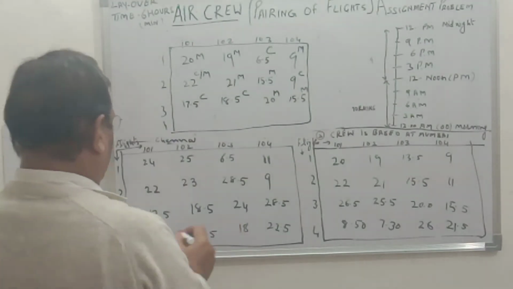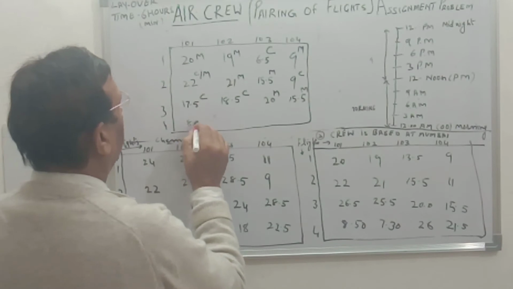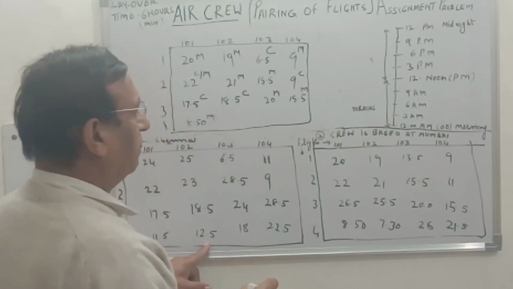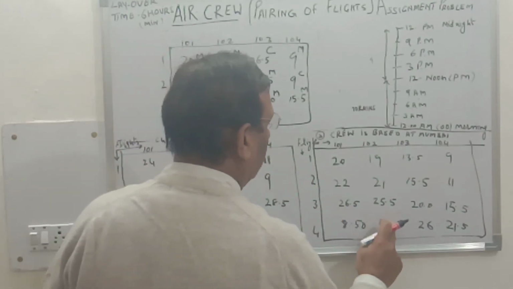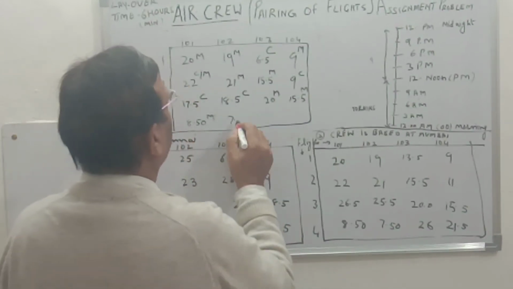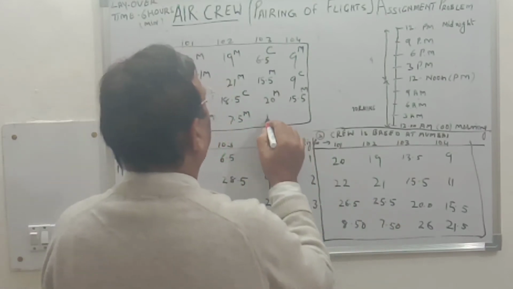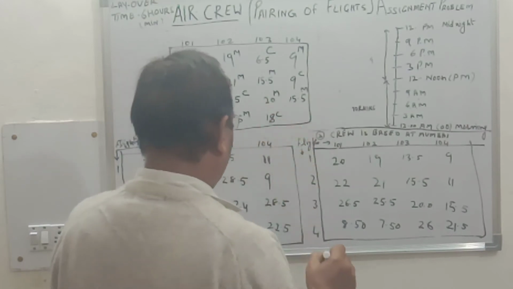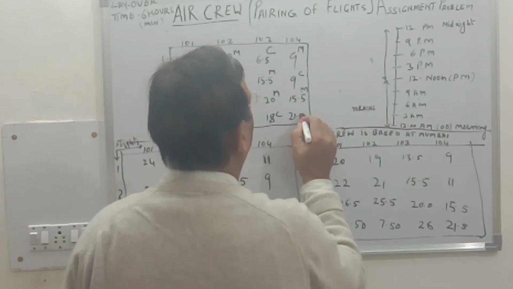Lastly, 11.5, 8.5, so 8.5 is minimum in Mumbai. 12.5, 7.5. It's not 3, it's a 5. 0.5 means half an hour. So 7.5 in Mumbai. Then 18, 18 in Chennai. And 22.5, 21.5, so 21.5 is minimum in Mumbai.